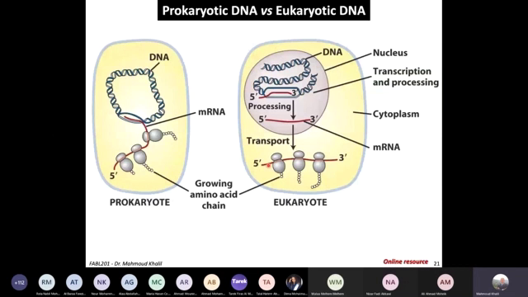So basically, transcription, which is the formation of messenger RNA, and translation, which is the formation of proteins, are coupled in prokaryotes and can occur at the same time due to the absence of the nucleus. But in the eukaryotes, they are separated because transcription occurs in the nucleus and translation occurs in the cytoplasm after the migration of the messenger RNA from the nucleus to the cytoplasm.